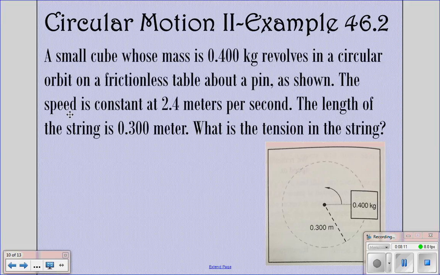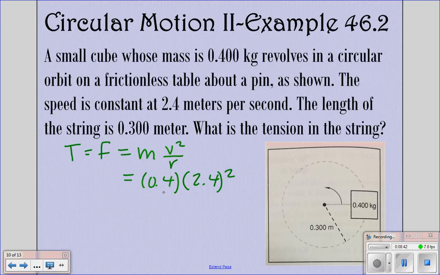So our tension equals our force, and we can use one of the two equations from the last slide. We're going to use m and then v squared over r because we don't have the angular speed. We have the linear speed because it's meters per second. So our mass is 0.4. Our linear speed is 2.4, and then you square that, and then the radius is 0.3.